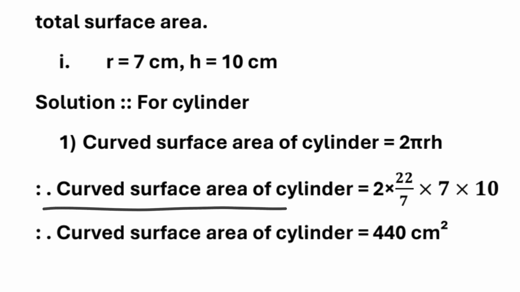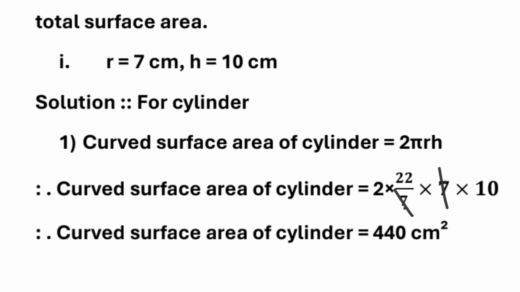Therefore the curved surface area of cylinder is equal to 2, the value of pi is 22 upon 7, R is 7 and H is 10. Therefore we get 2 into 22 upon 7 into 7 into 10. Here we cancel this 7 because 7 is in the numerator and denominator.